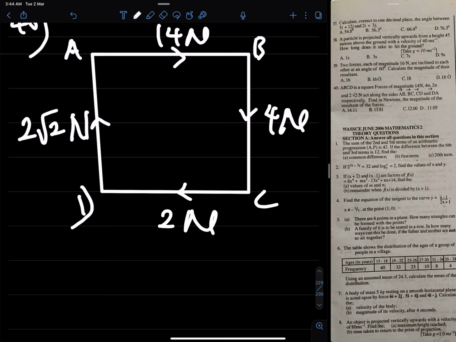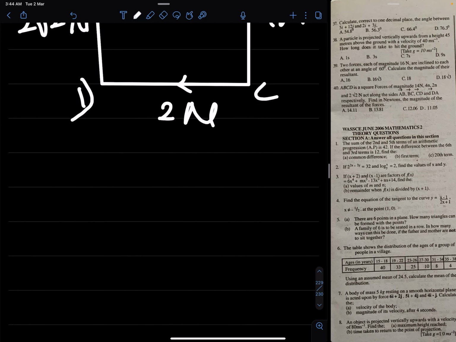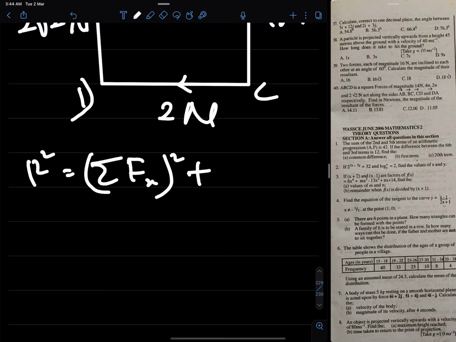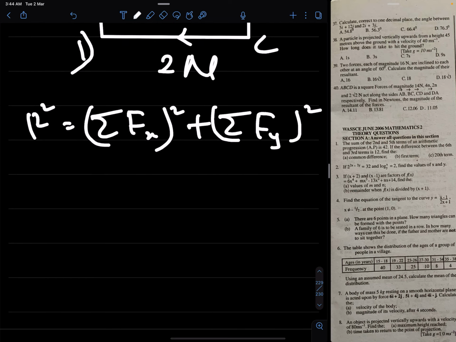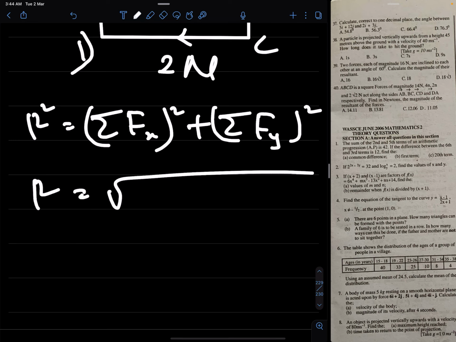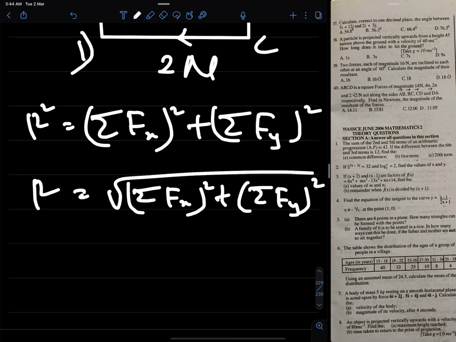Now what's the question? Find the magnitude of the resultant of the forces. I know that r squared is the summation of the horizontal components of forces squared, plus the summation of the vertical components of forces squared. So r itself is the square root of summation fx squared plus summation fy squared.